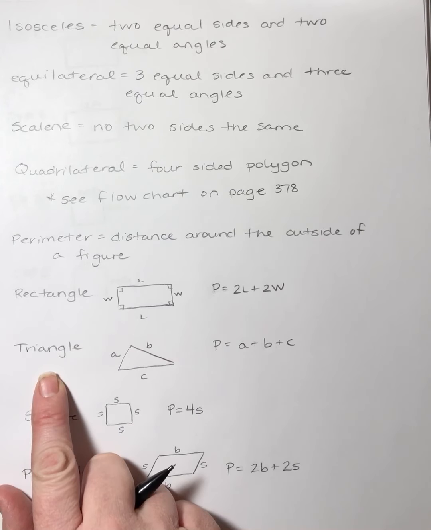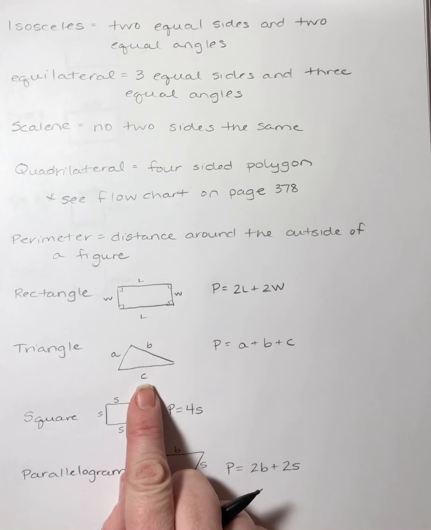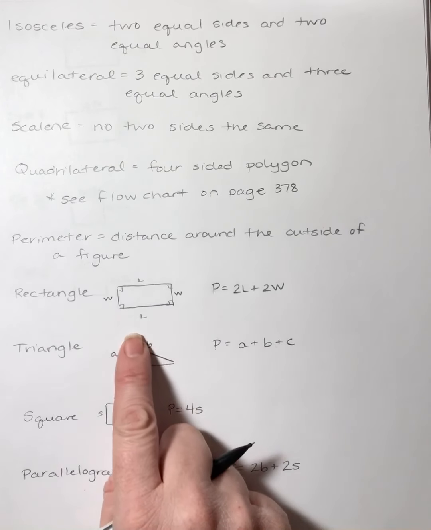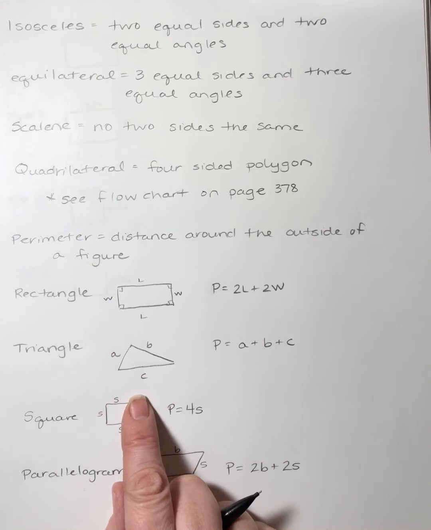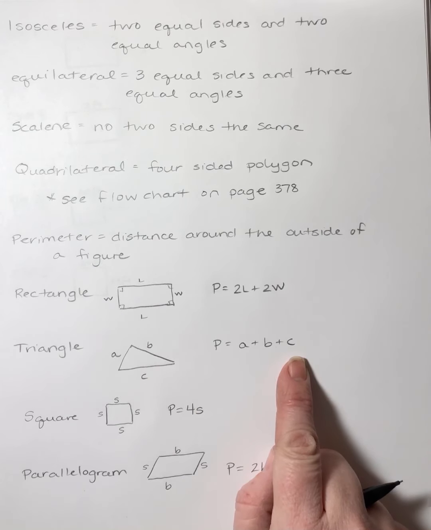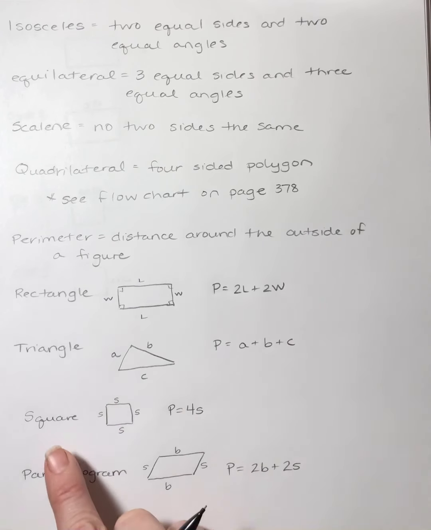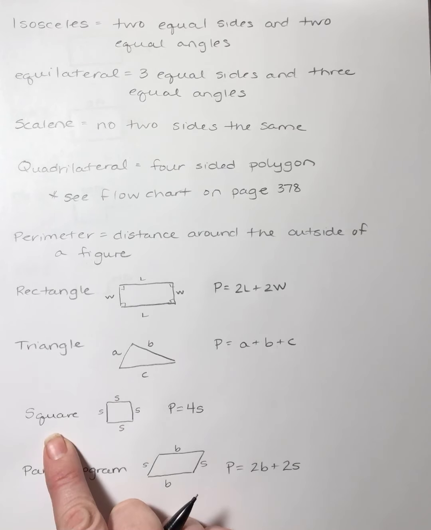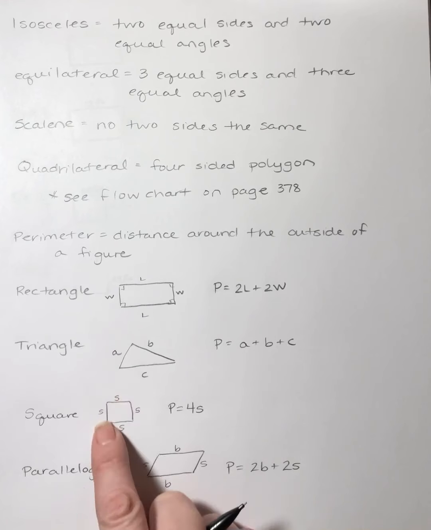Perimeter of a triangle. I chose a scalene triangle where none of the sides are the same. It doesn't matter if any of the sides are the same or not. To find the perimeter of a triangle, you just add them all together. Okay? Square. In a square, all 4 sides are the same.